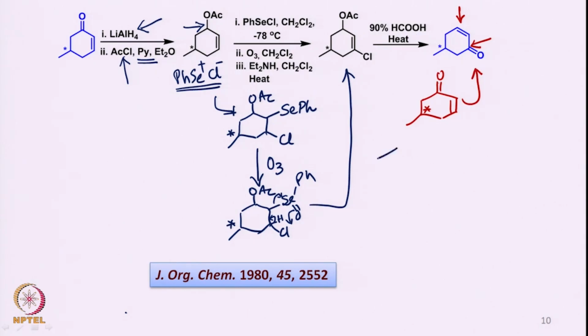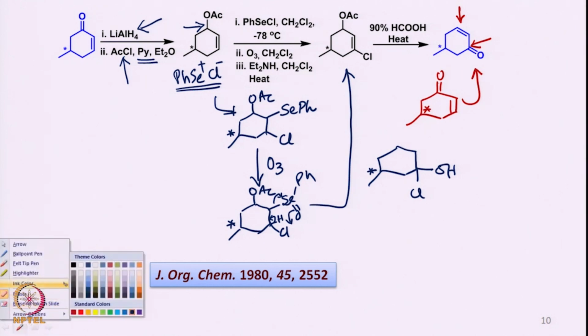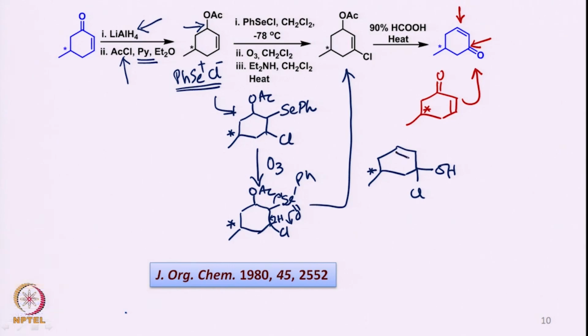So you get hydrolysis in this way, with the loss of acetate, and this then undergoes loss of hydrochloric acid to form the corresponding ketone like this.